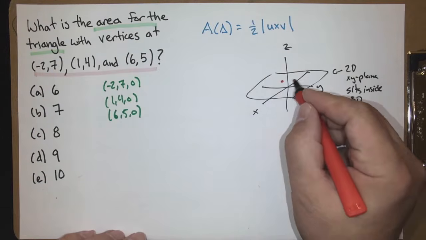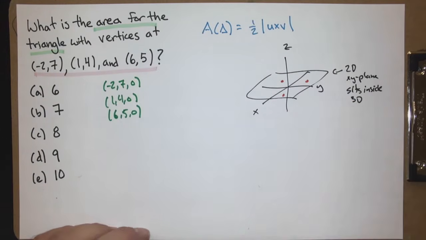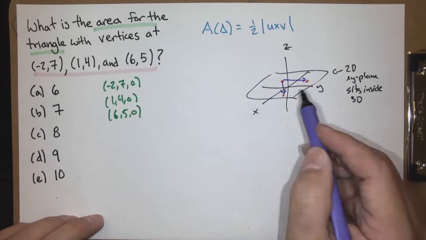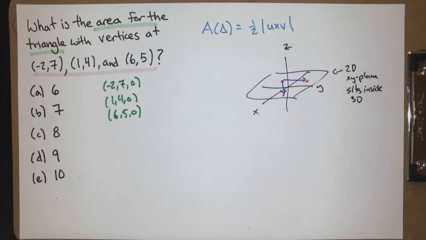We have these 3 points here in the xy plane sitting inside 3-dimensional space. What do we do? Yeah, subtraction. That says, hey, you're looking at change. Make the vectors. And so we pick a vertex, doesn't really matter which one. We're going to go out to the other 2.